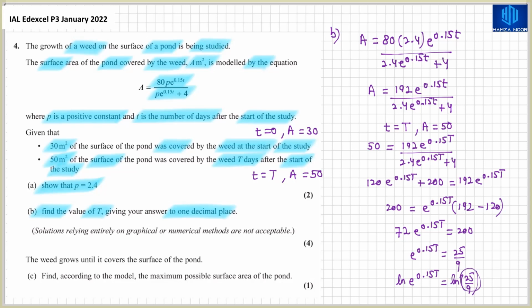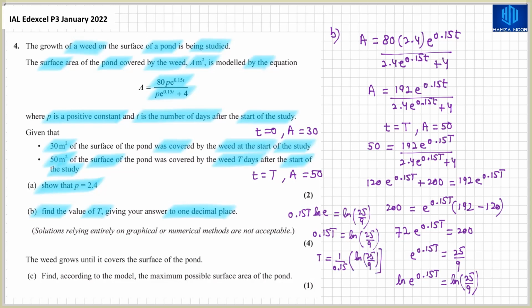According to the power law of logarithms, 0.15t multiplied by ln e is equal to ln 25 over 9, and since ln e is itself equal to 1, because it is log to its own base, 0.15 times capital T is equal to ln 25 over 9, and therefore t is equal to 1 divided by 0.15, multiplied by ln 25 over 9.